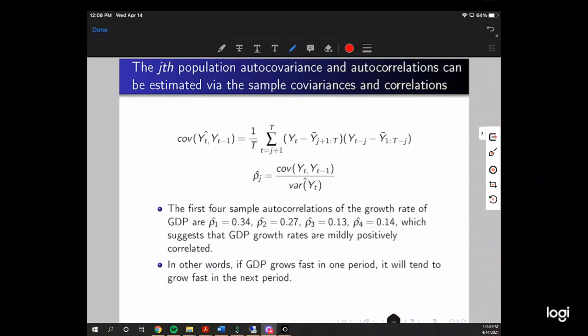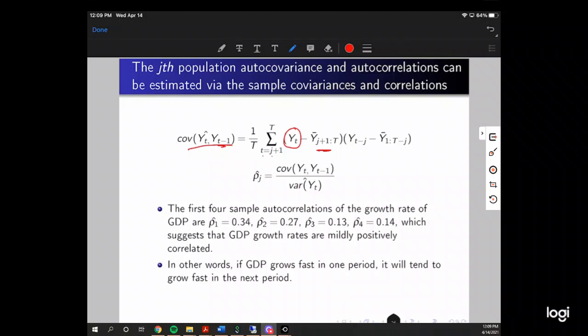The jth population autocovariance and autocorrelations can be estimated via the sample covariances and correlations. So the first autocorrelation, or the autocovariance here, is just going to be the covariance formula, which is y t minus its mean, for all time periods from j plus 1 to T. So we're summing from t equals j plus 1, and then y t minus j, so the previous periods, minus the mean for all in the previous period.